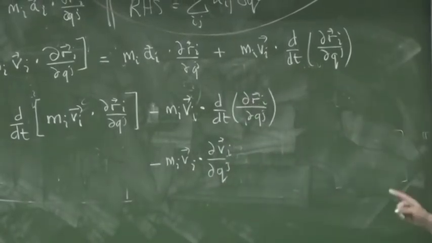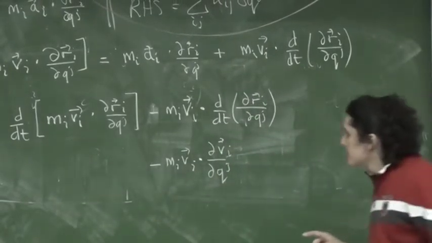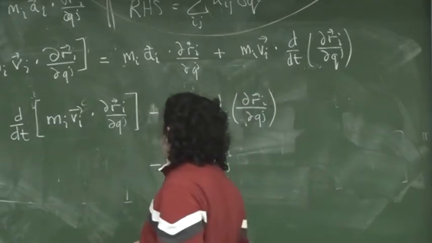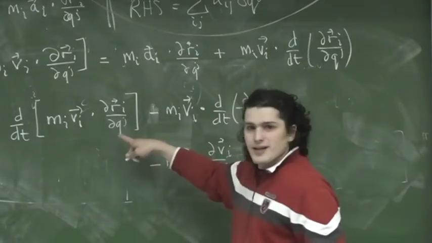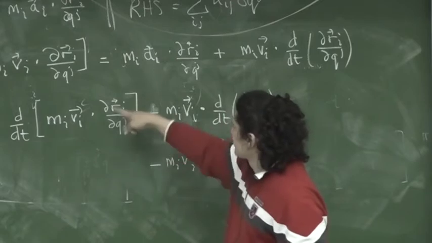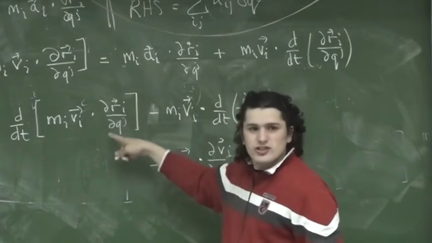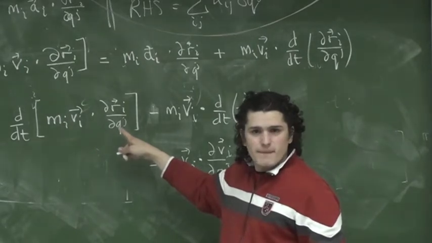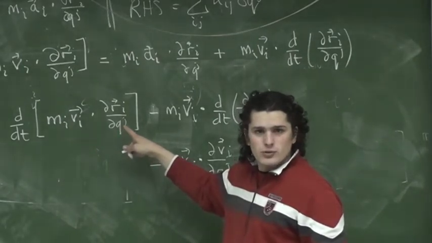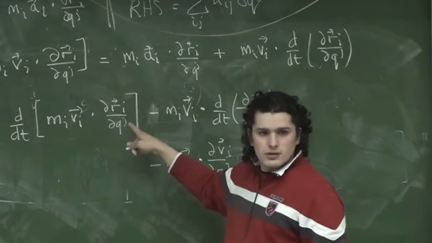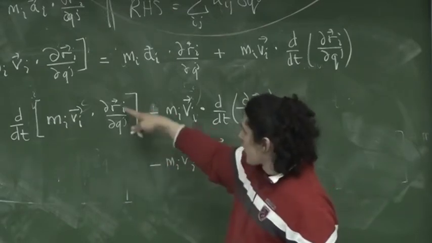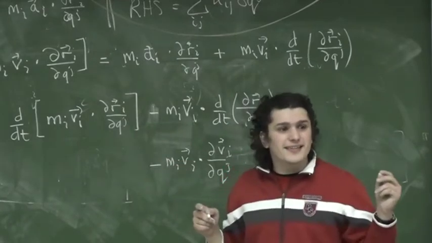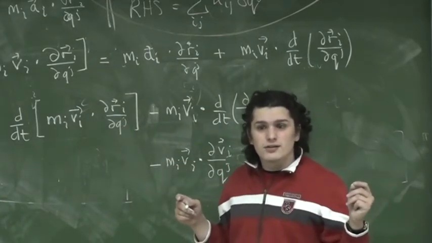Okay, that was one identity. There's another one. Just looking at this guy, del ri del qj, can you find an identity that transforms him? Look at number 2. It says del ri del qj is the same thing as del vi del qj dot.